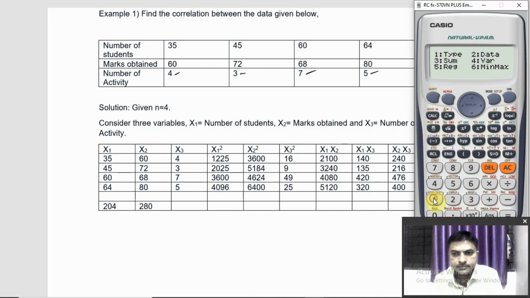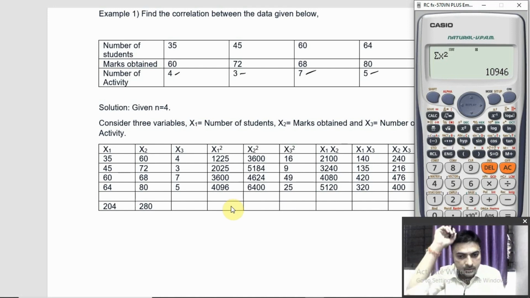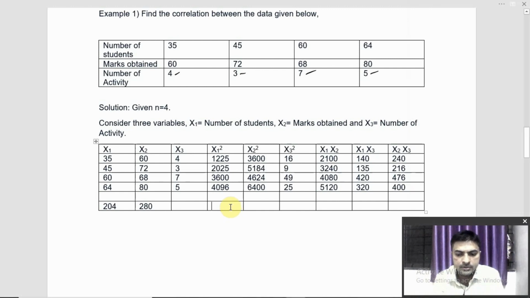Shift 1 3 again 1. So summation x1 square we get here friends, which is equal to 10,946. Directly you write down this, because in the table you may sometimes make mistakes, but this calculator will never make mistakes, and you can see directly I'm going to substitute this value 10,946.